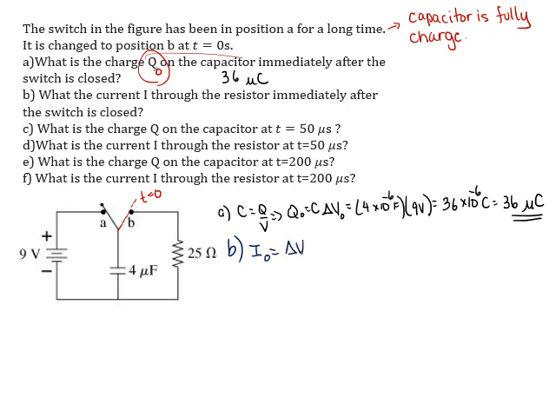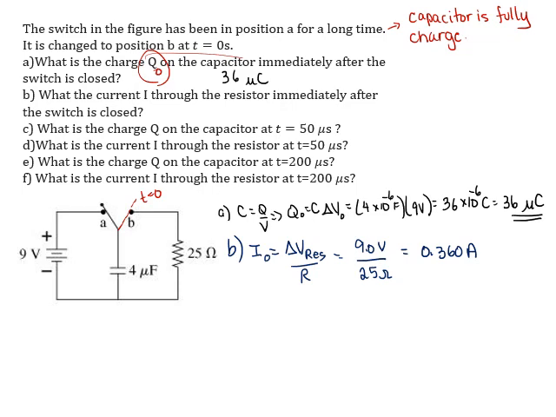If we've got 9 volts across the capacitor, it means we've got 9 volts across the resistor, divided by the resistance. So we've got 9 volts divided by 25 ohms. We're just using straight up Ohm's law there, 0.360 amps. Okay, there's part B done.